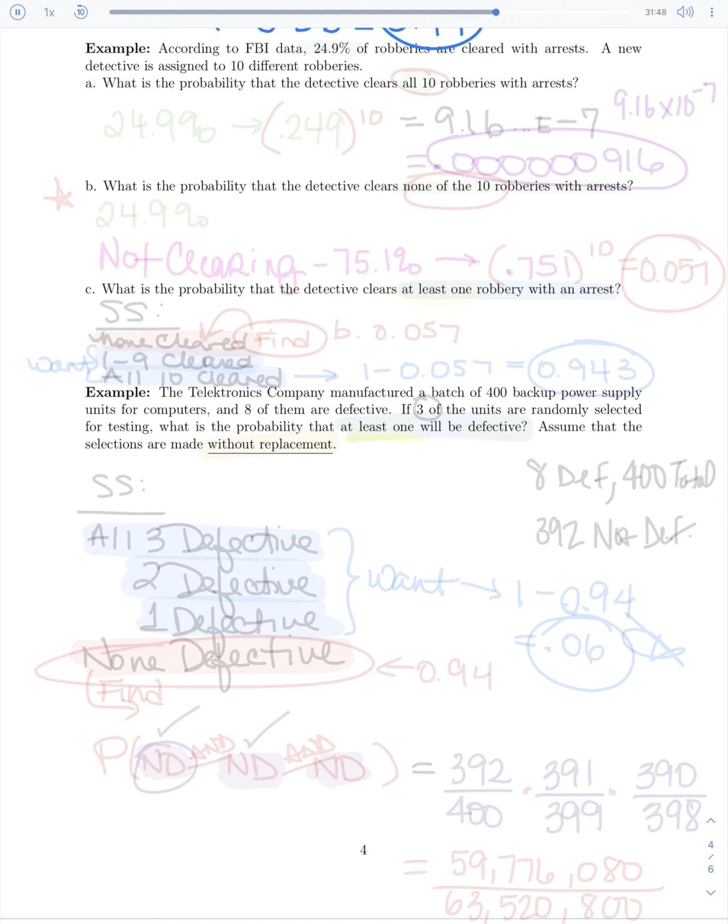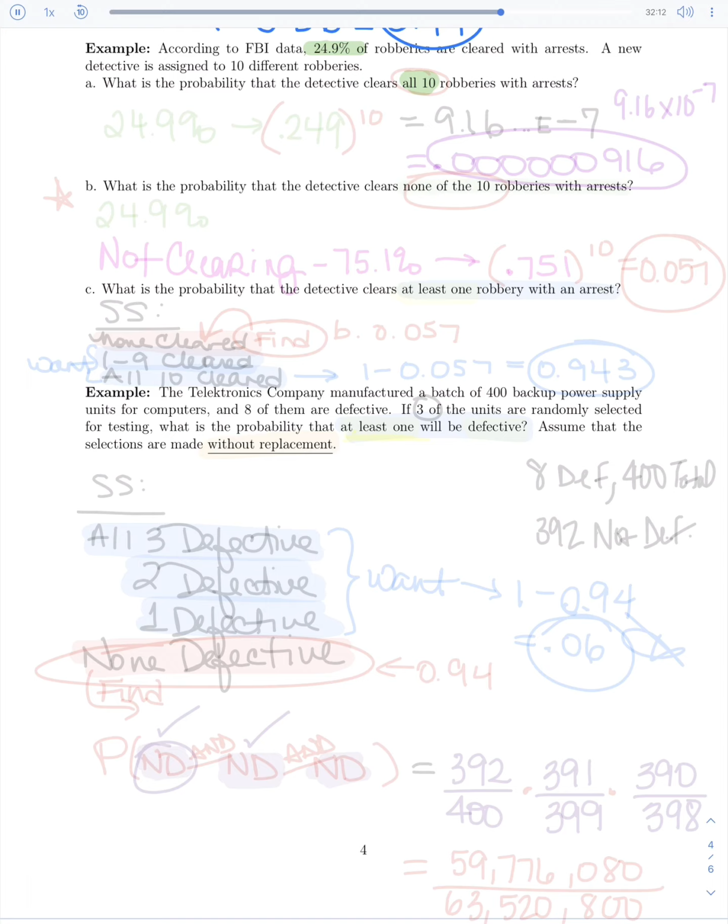Well, the idea is the probability of each of the 10 robberies being cleared is the 24.9%. But the problem is I don't want just the probability for one robbery. I need all 10.